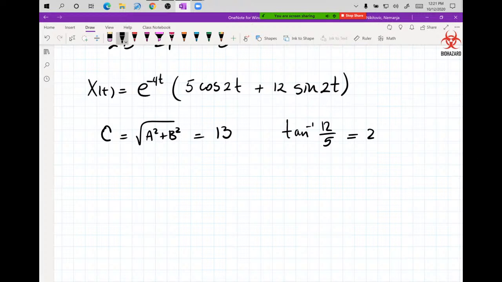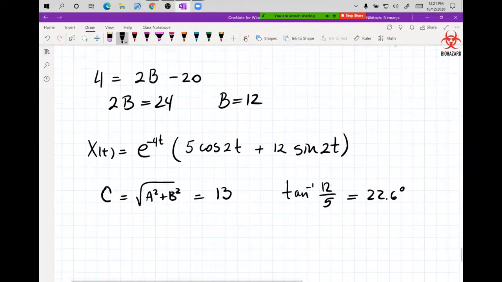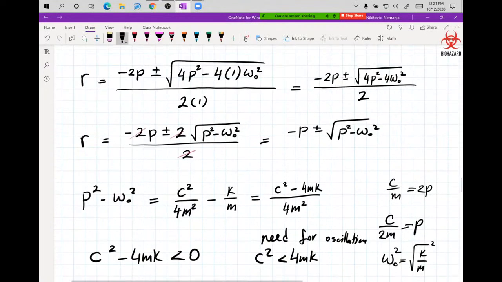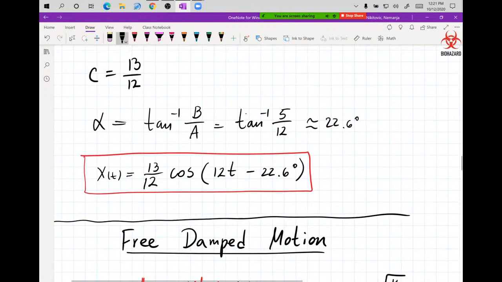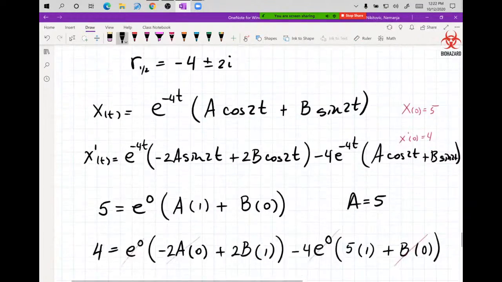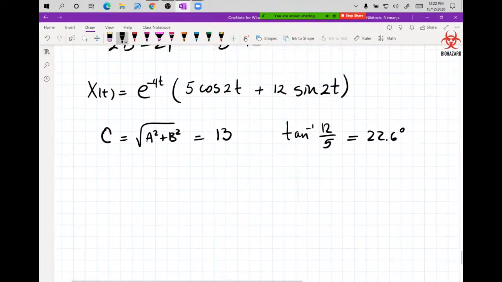Was that the same 22.6 from before? It's 5 over 12, and this is 12 over 5.